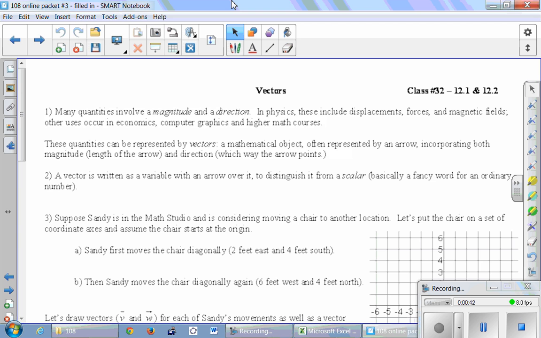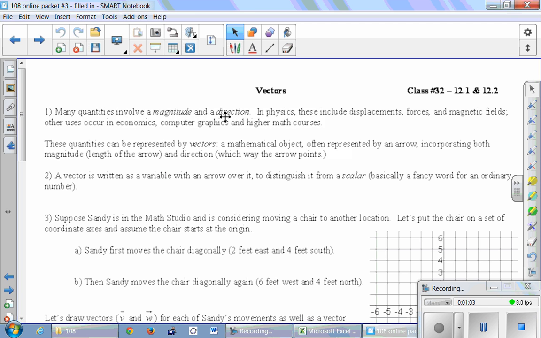So just as a quick example here, I could tell you that my speed is 55 miles per hour, and that's just a straight number with a unit at the end of it. But if I wanted to give you a vector, then I could tell you my velocity is 55 miles per hour east. So that 55 is the magnitude, but the east is the direction.